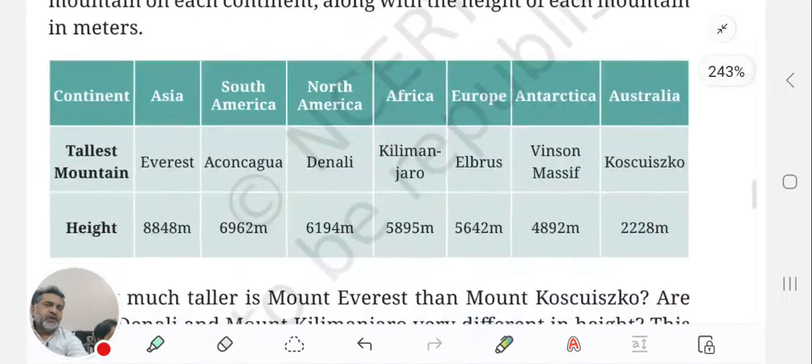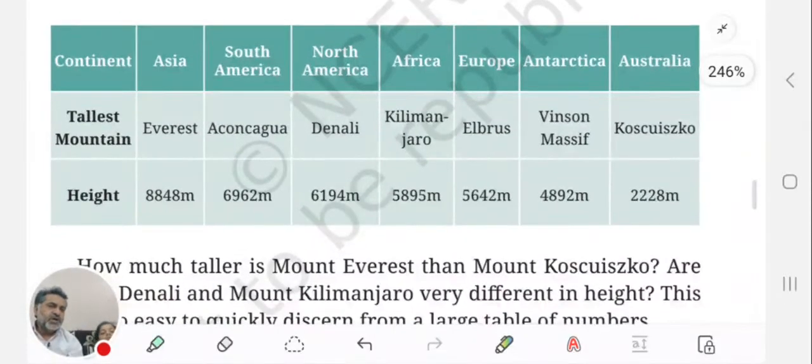Tallest mountain Asia, Mount Everest 8,848 meter. South America Aconcagua 6,962 meter. North America Denali 6,194 meter.